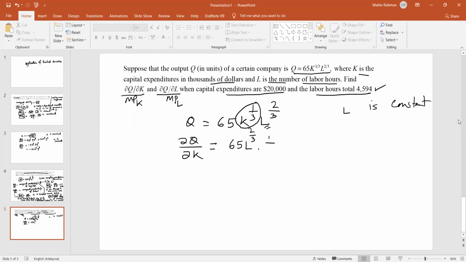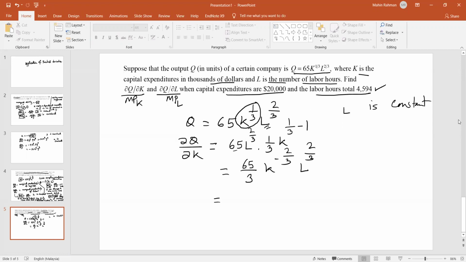So you bring 1 by 3 in front, then K to the power 1 by 3 minus 1. So it will be 65 divided by 3, then K to the power 1 by 3 minus 1 is minus 2 by 3. Then L to the power 2 by 3. So that will be your answer.